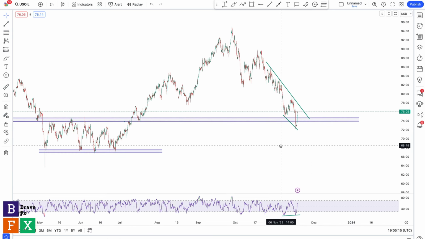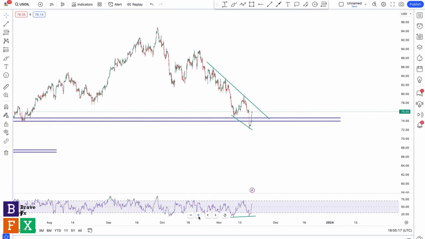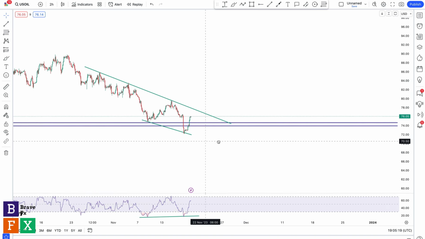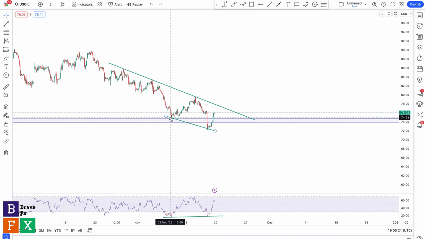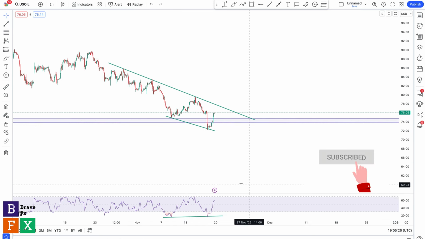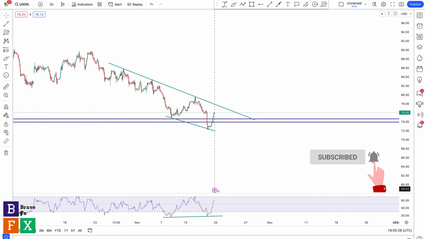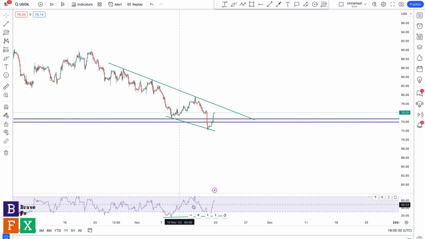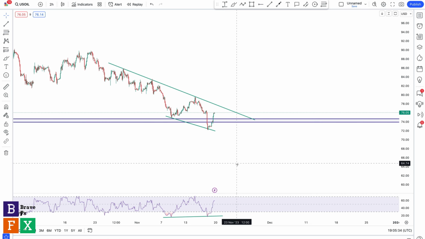What's most important over here is that we have what we call a bullish divergence. This is a process whereby we have price creating lower lows, but the RSI, which is a momentum indicator, creating higher lows. And this is very significant because even the higher lows on the RSI seem extremely oversold, right?